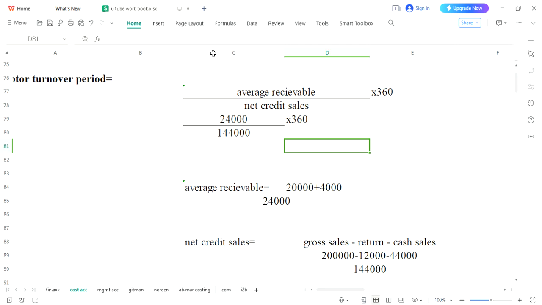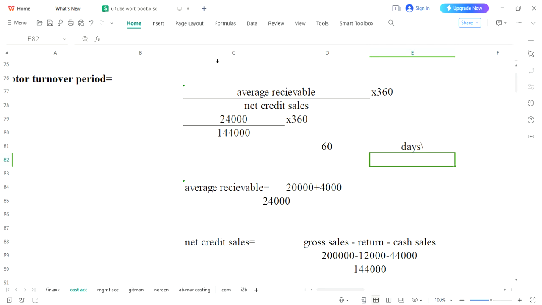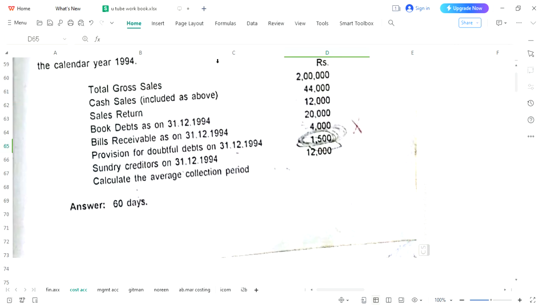Alright, so put it on the calculator. First 24,000 average receivable divided by net credit sales, and multiply it with 360. So we have got 60 days as our answer. Let's check it out. Look at here, 60 days.